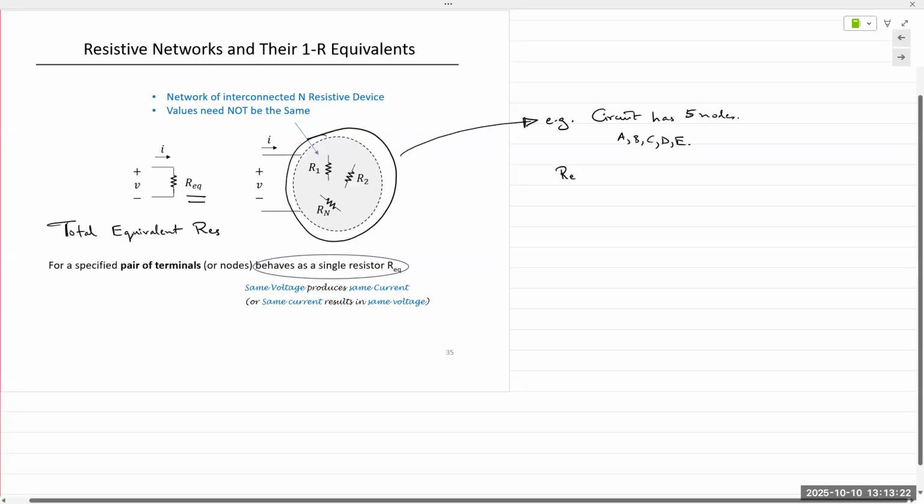So REQ between any two nodes or any two points is never the same. It depends on the circuit connections, or more appropriately, it depends on the resistive connections, on how those resistors are connected to each other.